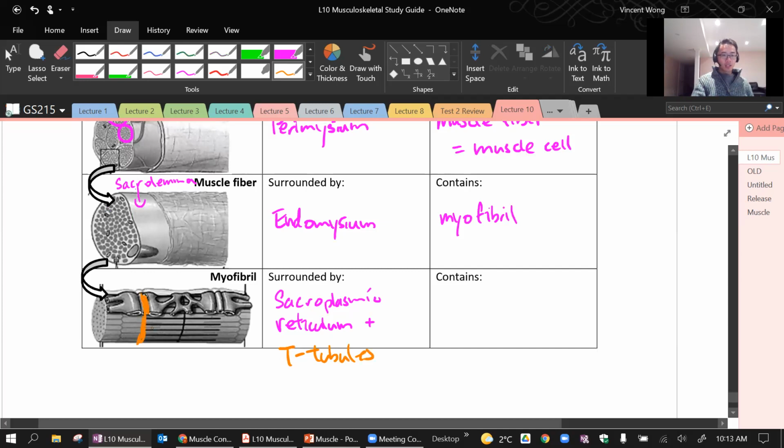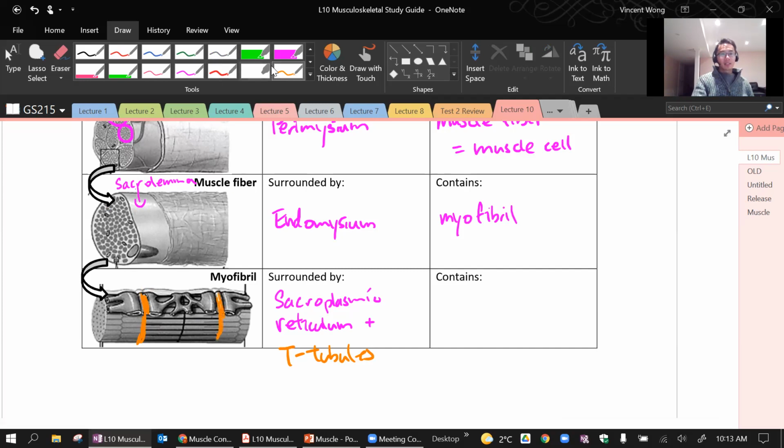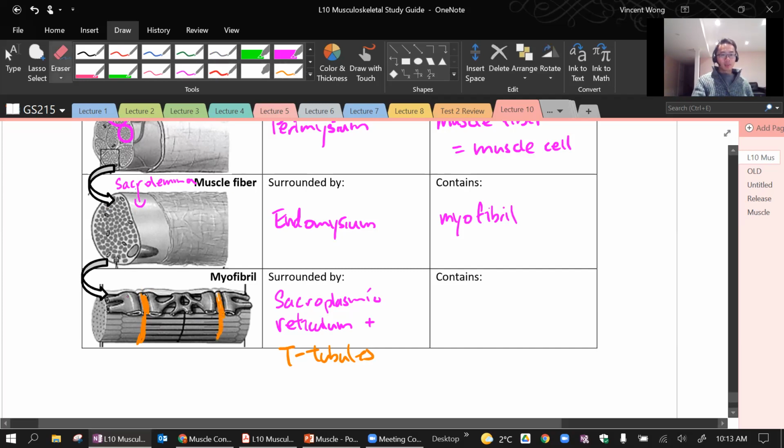It will continue. It got cut off in the diagram to show you what's beneath. And then you have the sarcoplasmic reticulum, which is these things. What does a myofibril contain? Last question. Sarcomere.